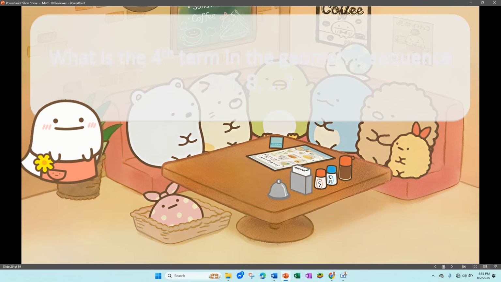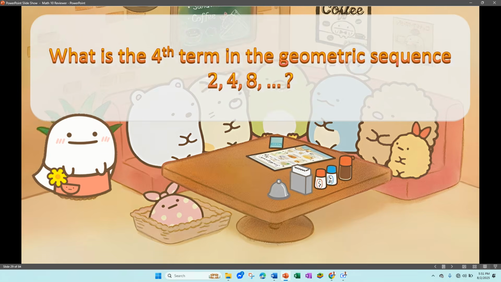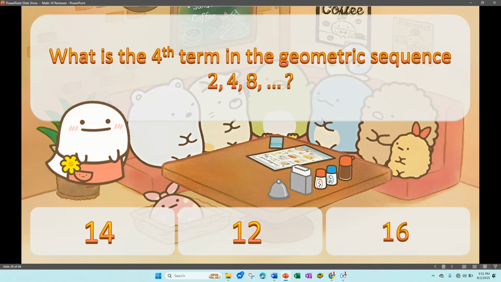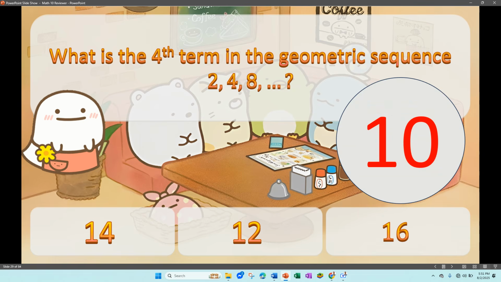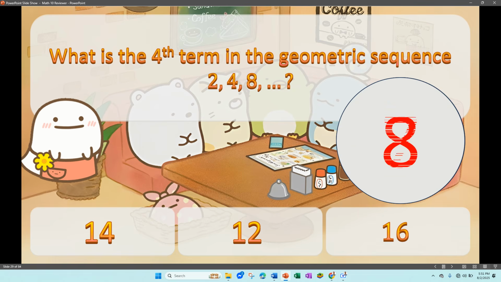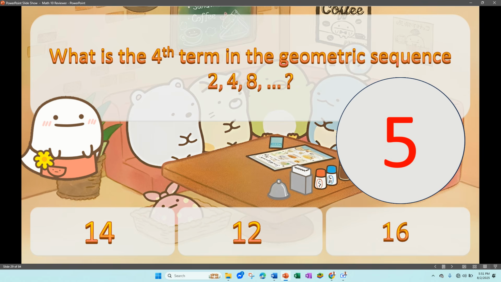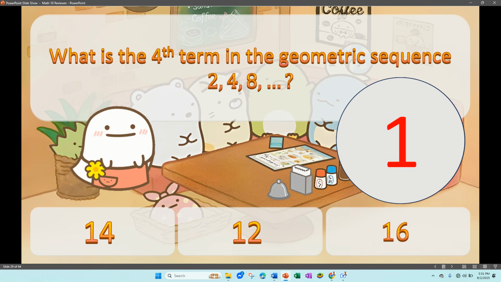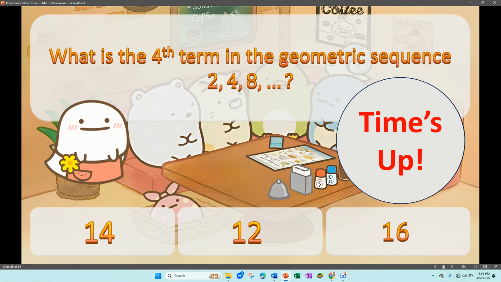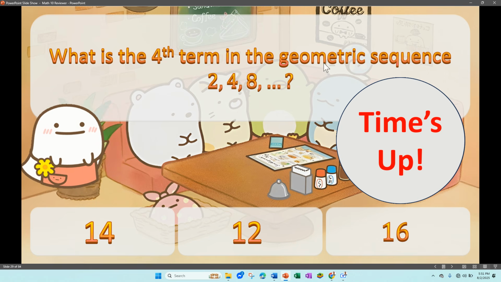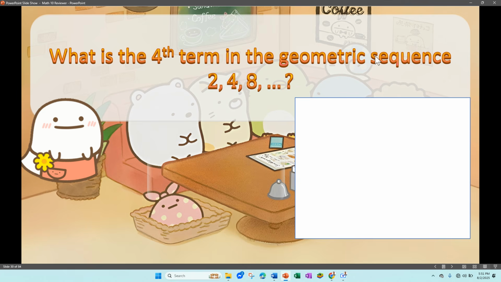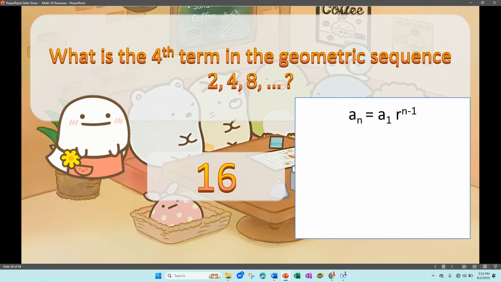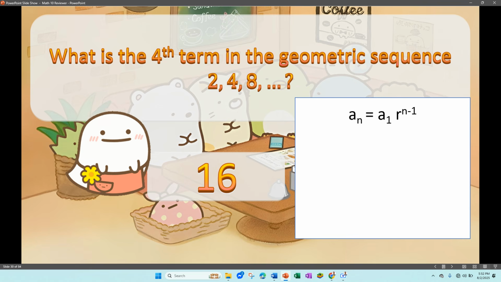Next question. What is the fourth term of the geometric sequence 2, 4, 8? 14, 12, or 16? 10 seconds, go. Okay, so we have two options. First, we use the geometric sequence formula, which is a sub n is equal to a sub 1 times the common ratio to the power of n minus 1.